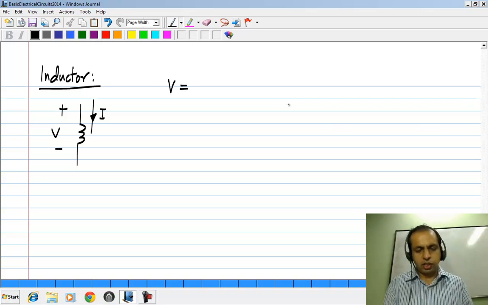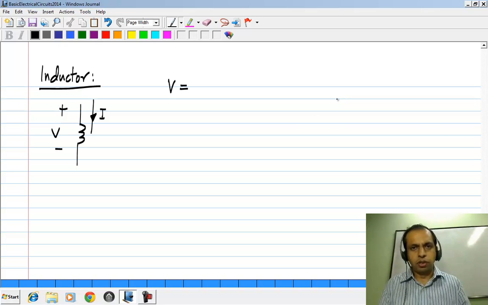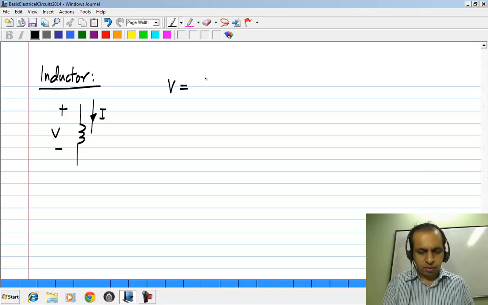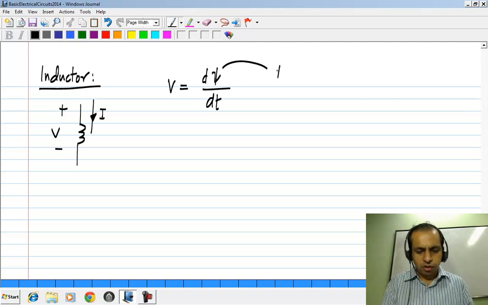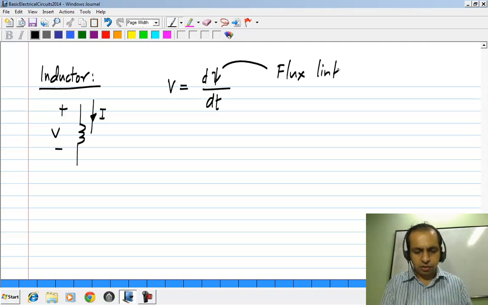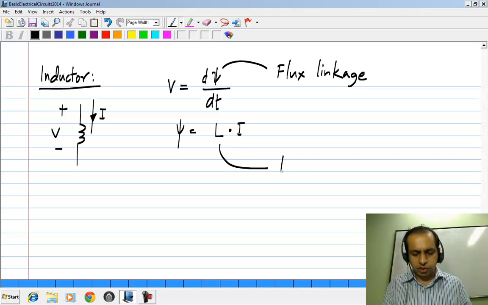Now it turns out that the voltage across an inductor is related to the flux linkage stored in the inductor. It's given by this relationship where this psi is the flux linkage, and psi itself is proportional to I through a proportionality constant which is known as the inductance.